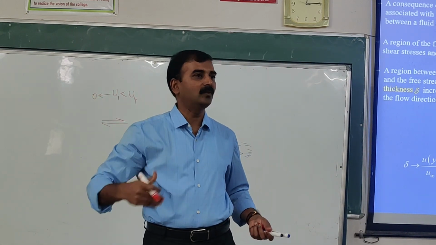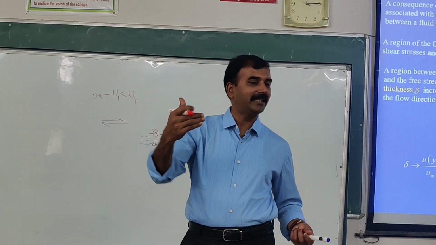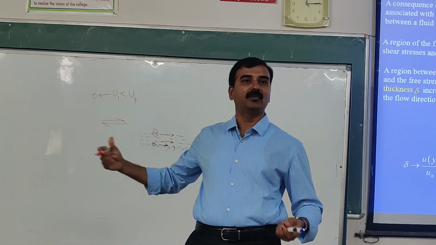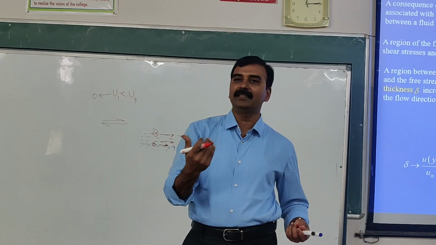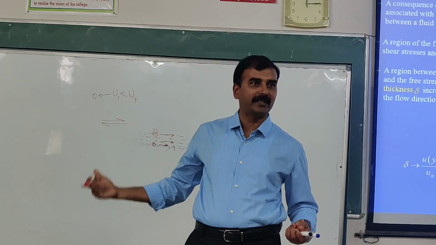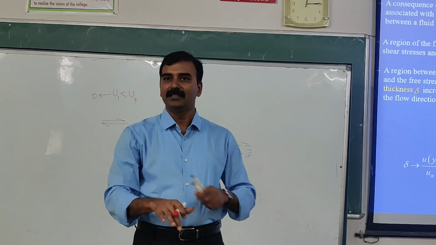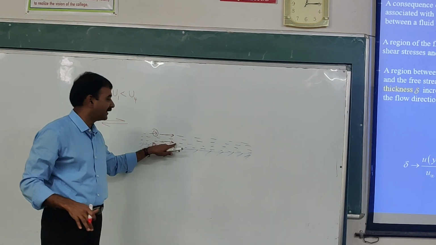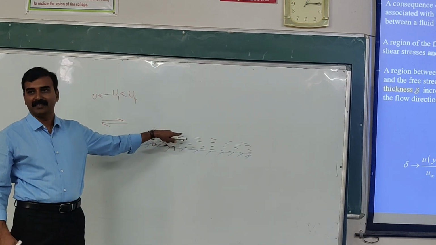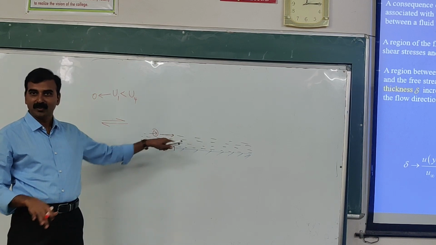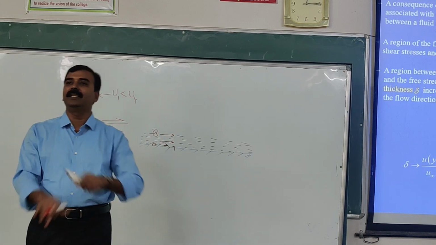Now the person who is capable of walking fast, what is the effect? He is actually slowed down because he has to pull the other, and the faster person is slowing down, and the slower person is getting speeded up. The same thing happens here, right? Because each of these layers is dependent on the other, as there is no gap, as we are seeing here. One is in surface contact with the other.